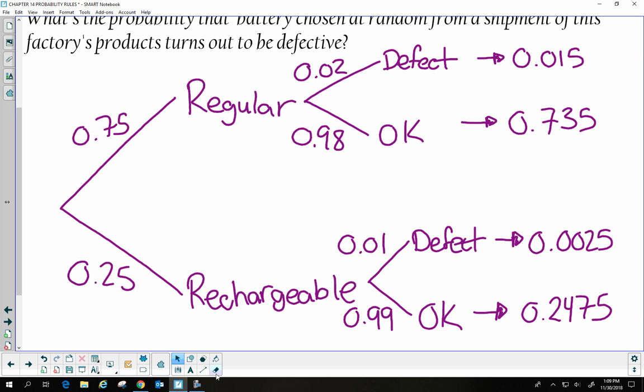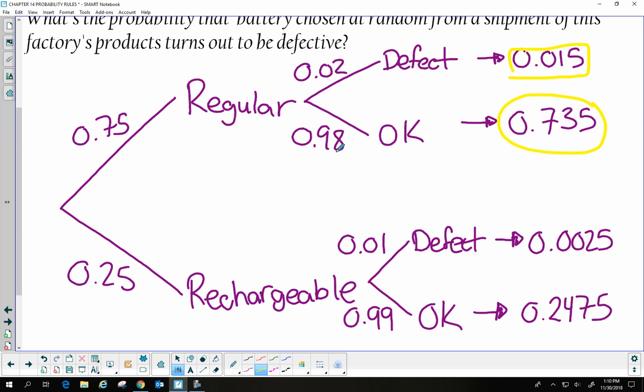So what these probabilities on the right are, are joint probabilities. This 0.015 is the probability of a randomly selected battery being a regular battery that is defective. We just multiply these two things together. This 0.735 is the probability of being a regular battery that works.